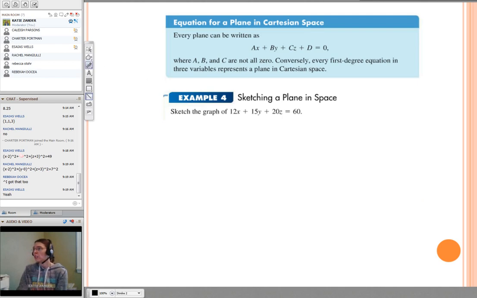So if this were just in standard form and we had something like 12x plus 15y equals 60, what would you do to find the x and y intercept? So without putting it into slope-intercept form, what would we do with that equation without rearranging it at all to find the x and y intercept?